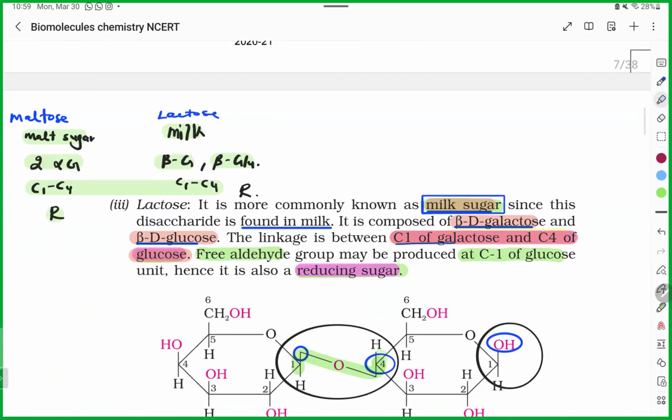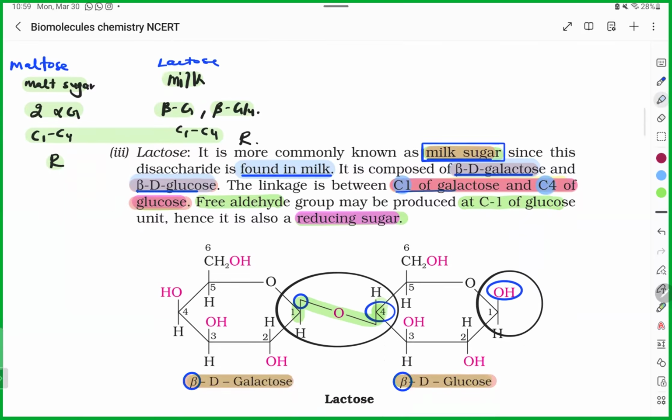Same in lactose. Present in milk sugar, found in milk, beta galactose and beta glucose. C1, C4, like maltose. C1 of galactose, C4 of glucose. This is also important.